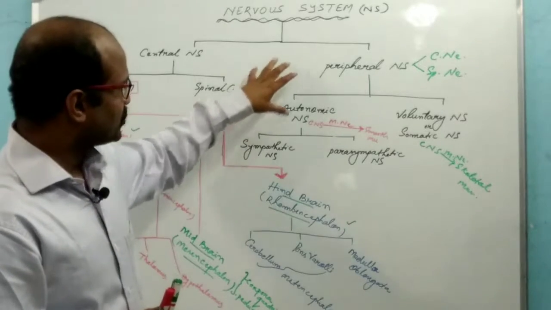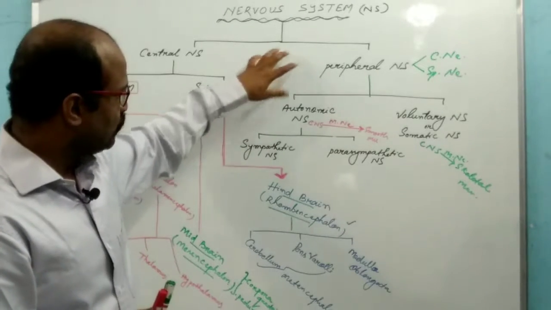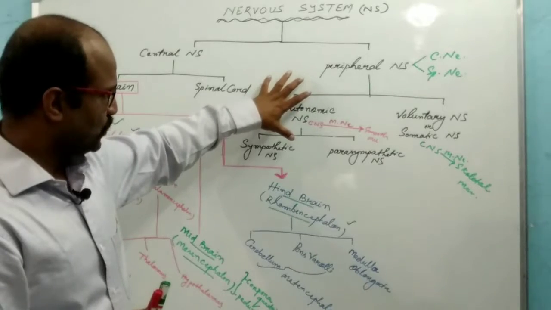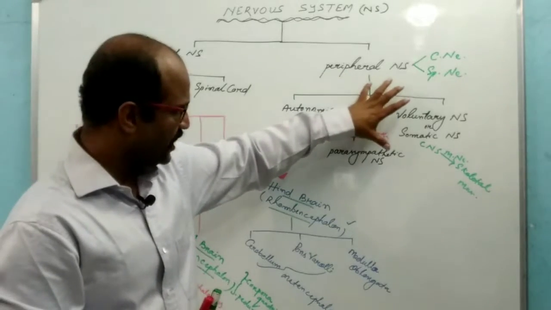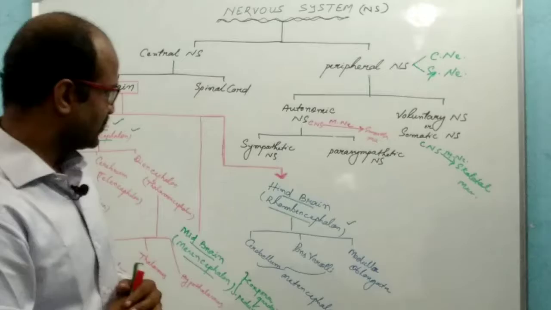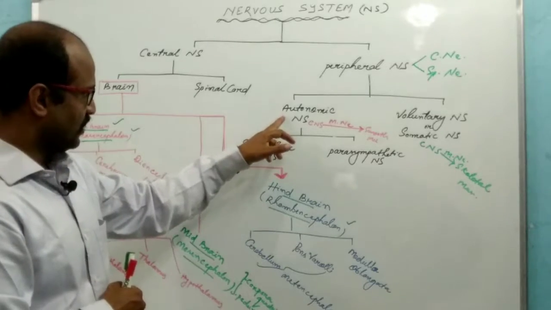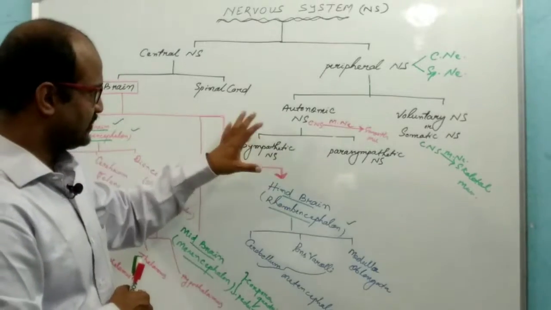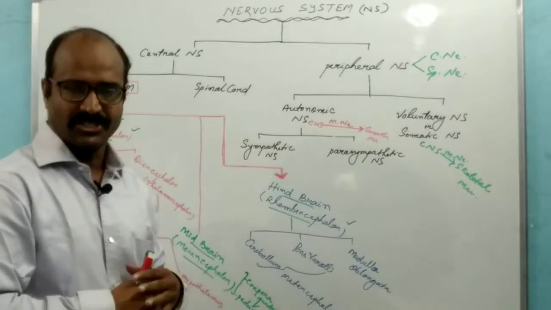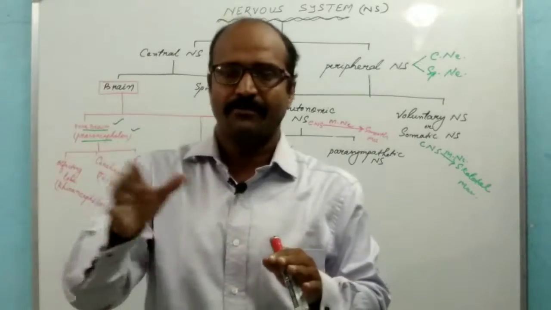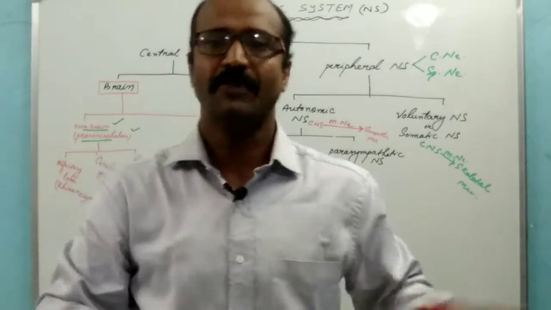So on the basis of function, the peripheral nervous system has two parts: the autonomic nervous system or the neural system, and the voluntary nervous system or the neural system. The autonomic nervous system again has two types of function. One is the excitatory function, another is the inhibitory function.